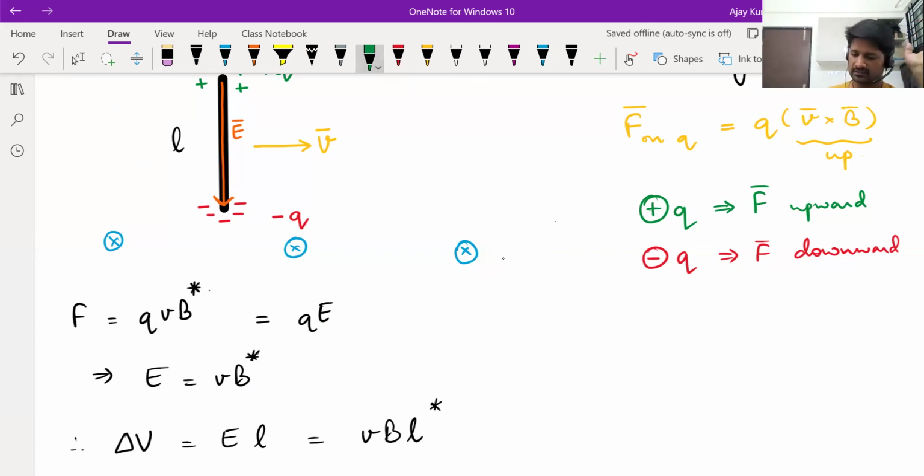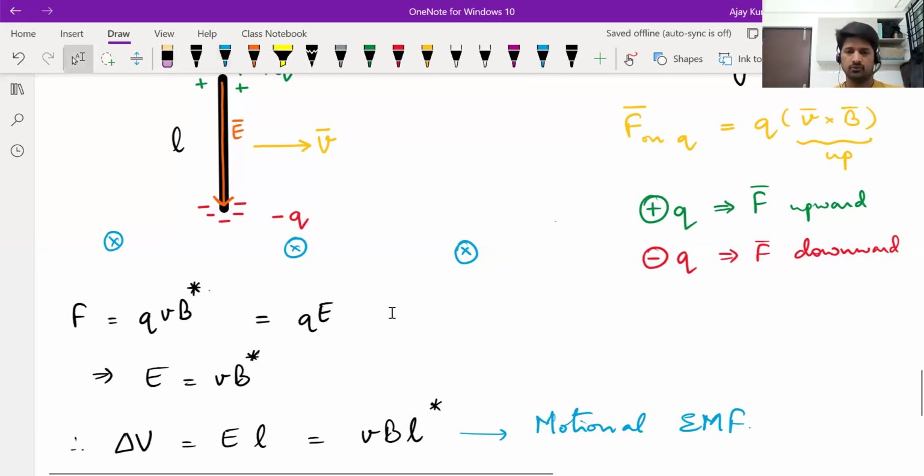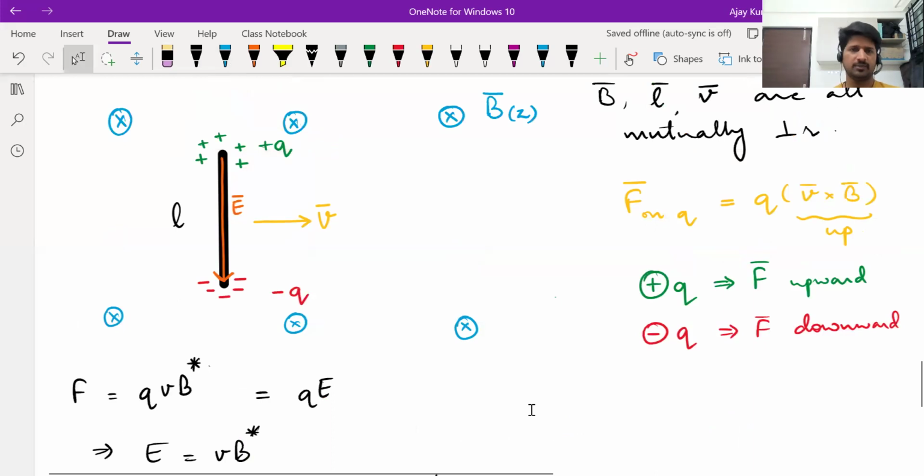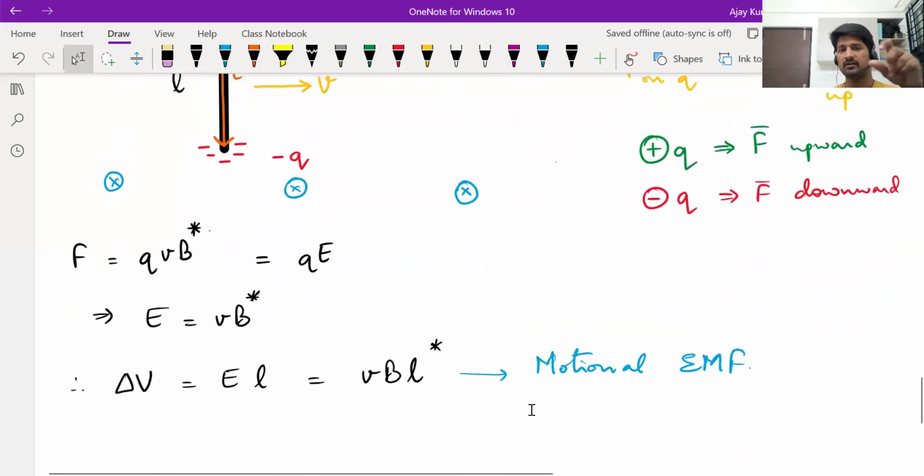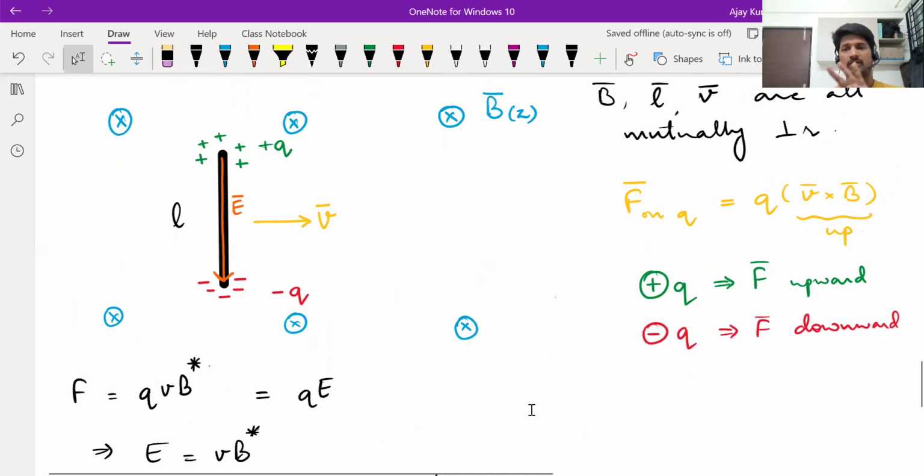But we are getting somewhere. We are slowly deriving the formula for motional EMF. In this particular case, this much EMF will be induced, BVL. B is the magnetic field, V is the speed with which the conductor moves, L is the length. But we took a case where magnetic field, velocity and length were all mutually perpendicular.